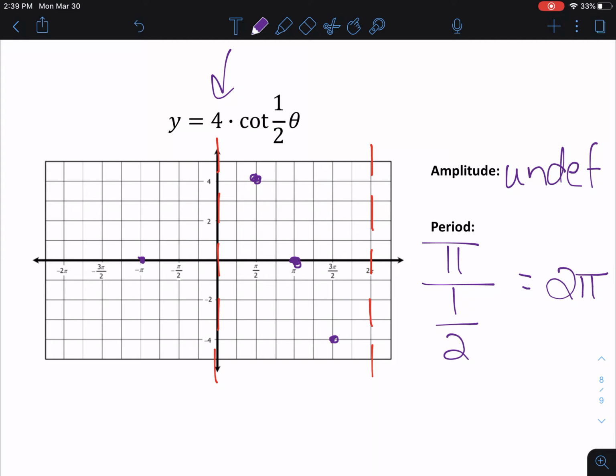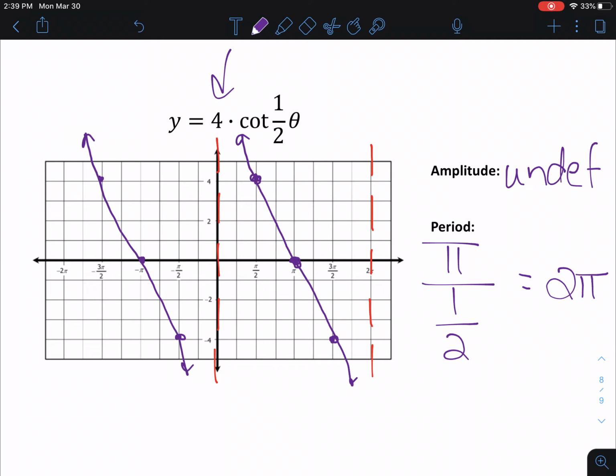Okay. And then I'm going to draw my graph here, and draw my graph over here.